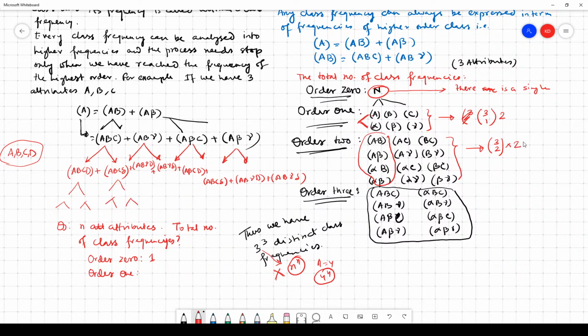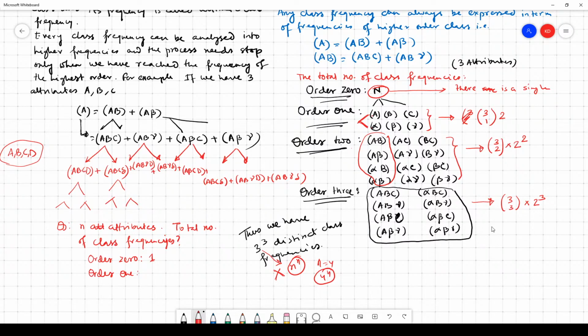So you have that many choices. Similarly, for 3, you choose 3C3, and each has 2 cube possibilities. Okay.